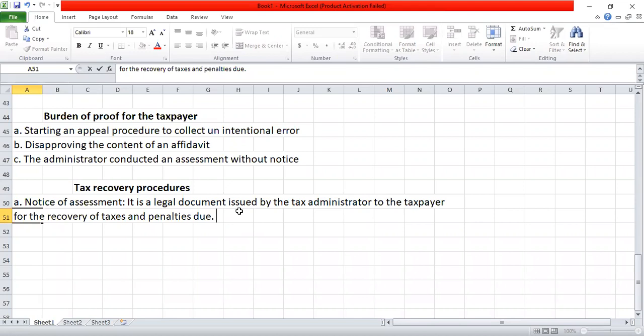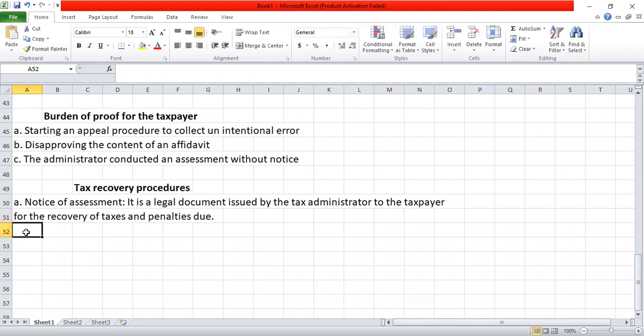Probably the taxpayer made an under-declaration, or there's a misrepresentation of information in the taxpayer's records, then they can issue a notice of assessment. It is about tax recovery.